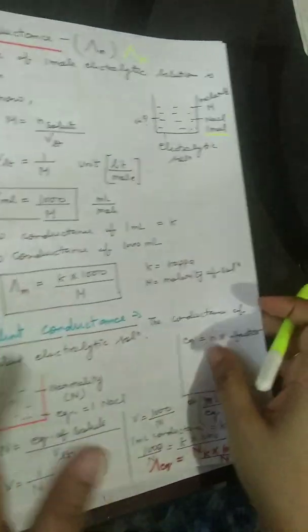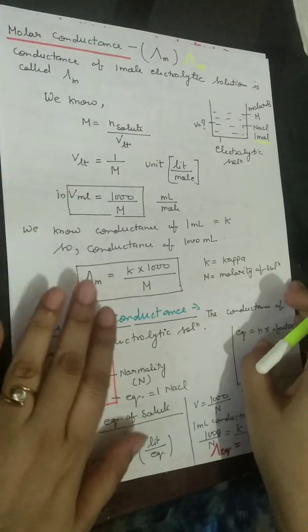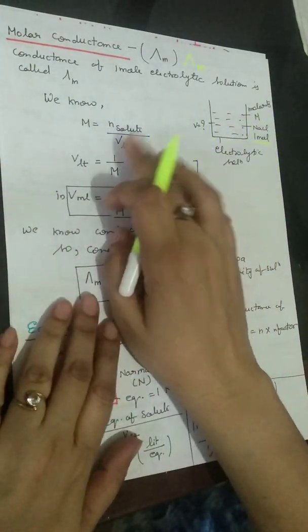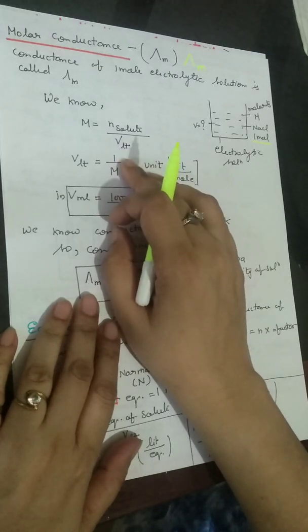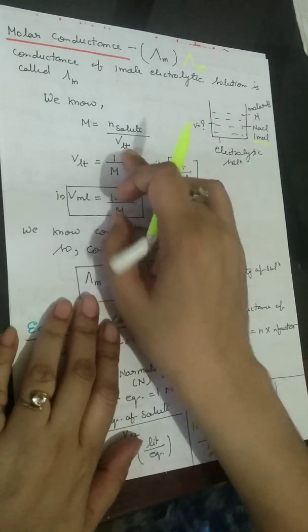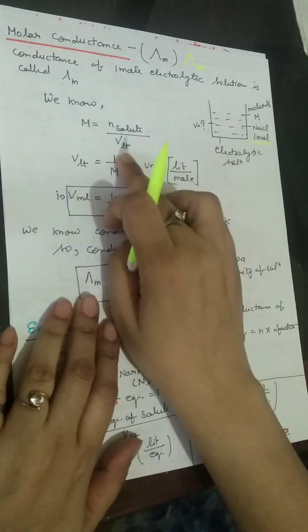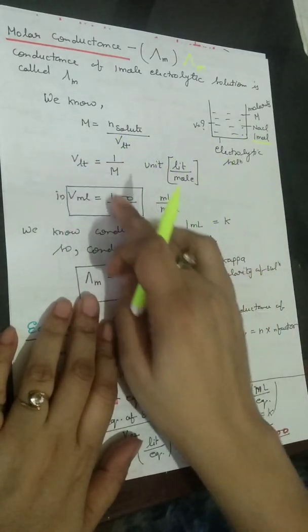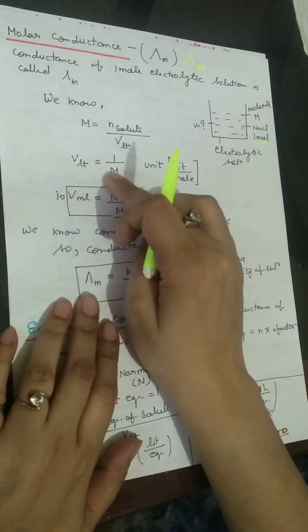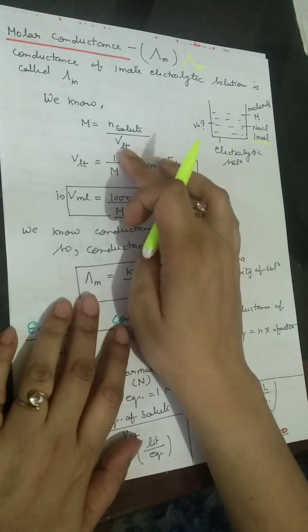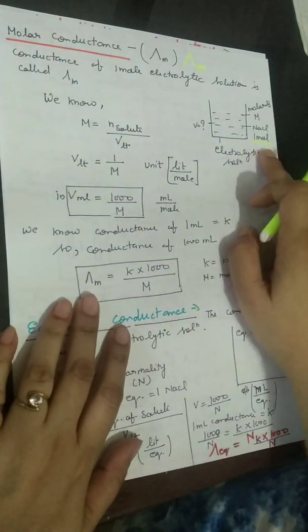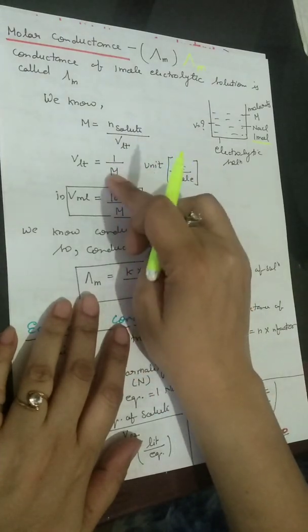We know that molarity is equal to moles of solute by volume of the solution. Volume of the solution we are taking in liters, so volume in liters will equal moles of solute by M, and moles of solute here we are taking 1, so we write 1 by M.